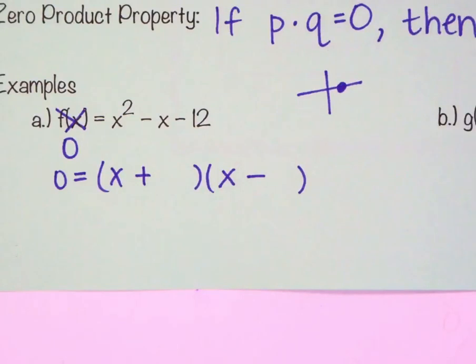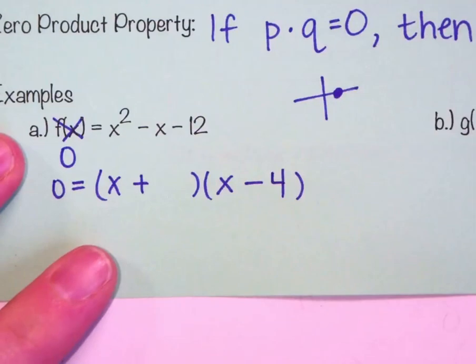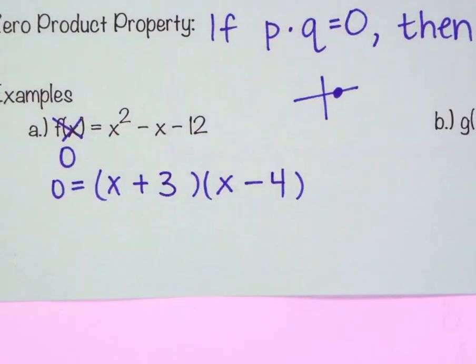So I think 1 and 12, no. 2 and 6, no. 4 and 3, those are only 1 apart. So if I make the 4 negative and the 3 positive, they'll add to negative 1. Okay, so now we'll apply the zero product property.